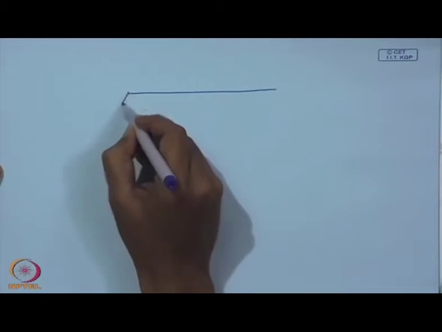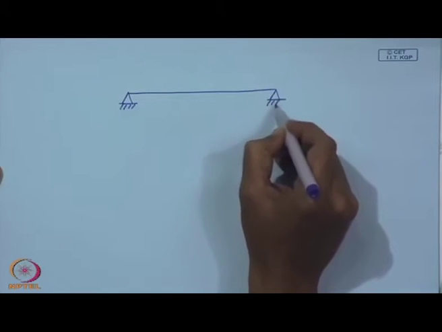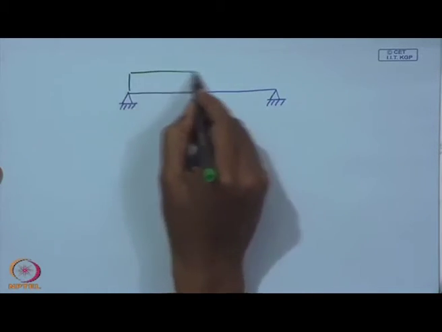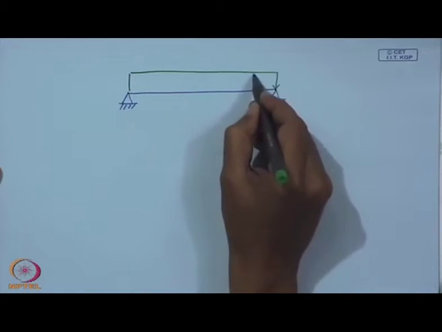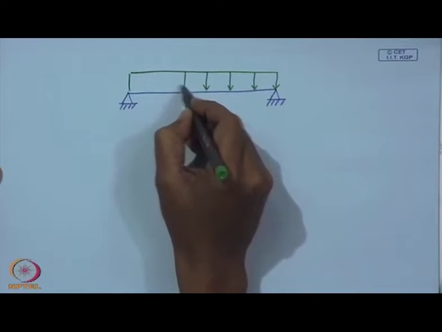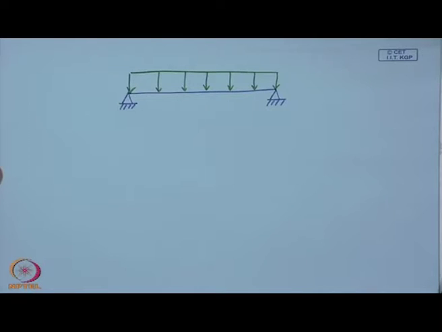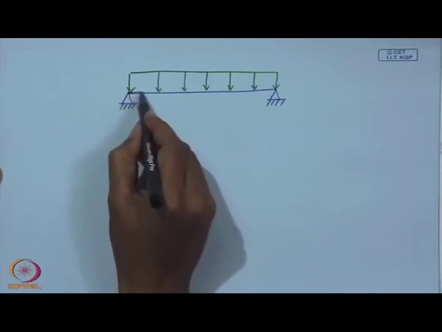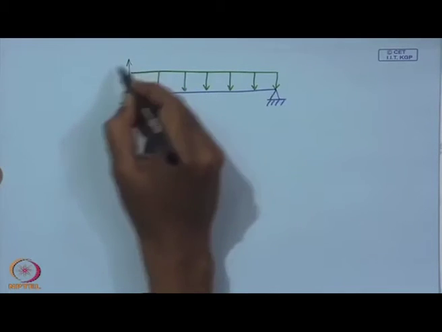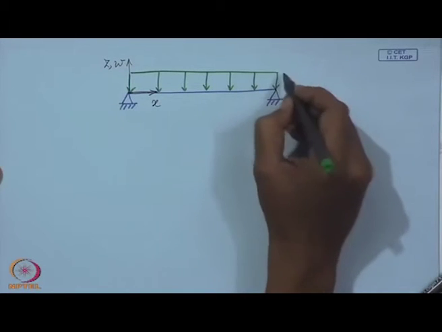So, this is a taut string on which we have a uniformly distributed harmonic force.